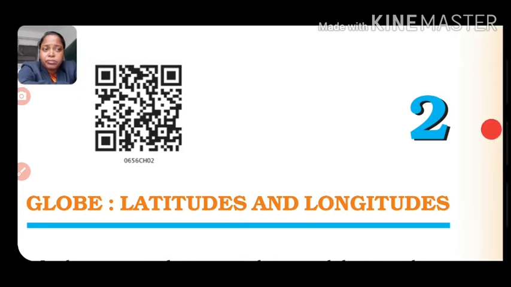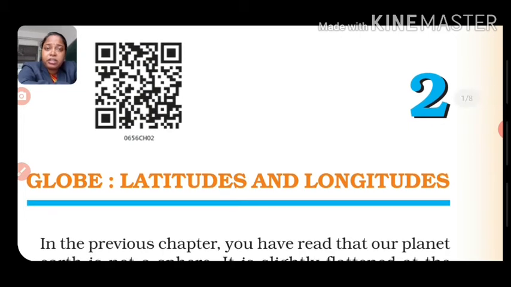Longitudes are also calculated through the prime meridian in a vertical manner, which joins all the meridians of longitudes through the North Pole and the South Pole, divided into degrees and seconds, and we calculate time from the meridians of longitudes.